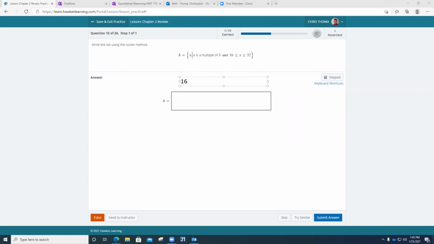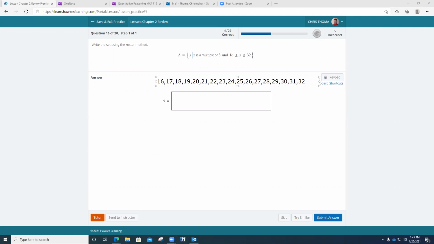16, 17, 18, 19, 20, 22, 23, 24, 25, 26, 27, 28, 29, 30, 31, 32. And there's lots of ways to do this problem, but I'm going to go through this way. So there are the numbers between 16 and 32.